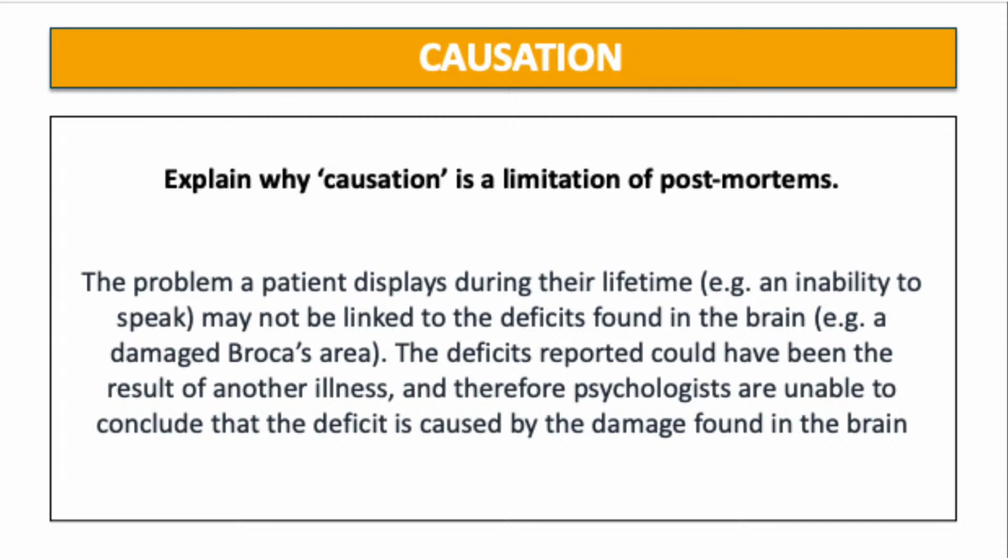The problem is the thing that they're displaying in the lifetime, you've put examples in. I said schizophrenia. We've referred here to Broca's area. The deficits reported could have been the result of another illness, and we can't establish cause and effect between the damage found in the brain and the deficit or the problem or the illness that the patient was experiencing anyway.